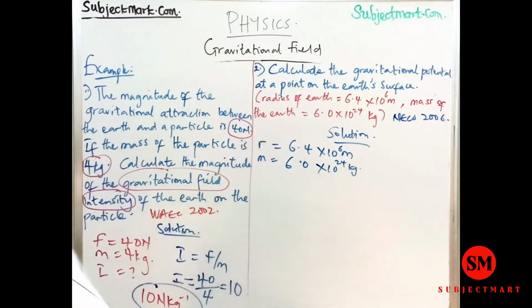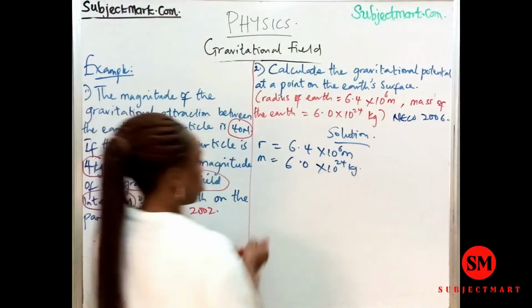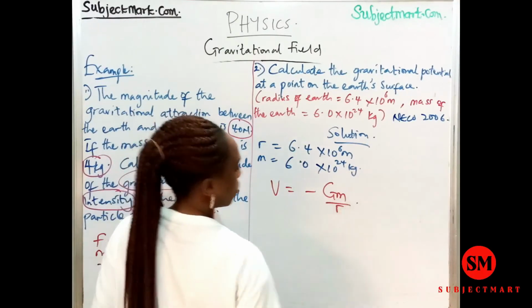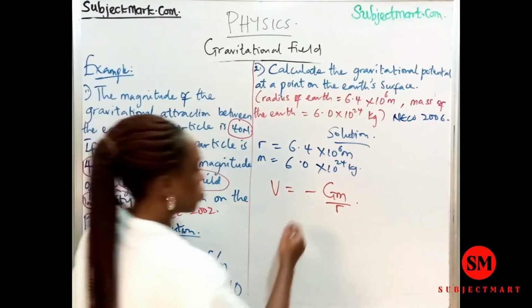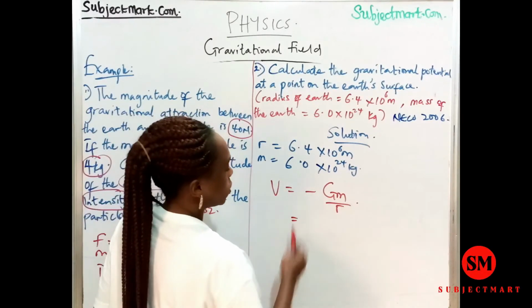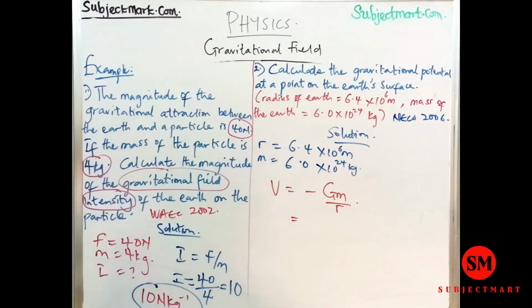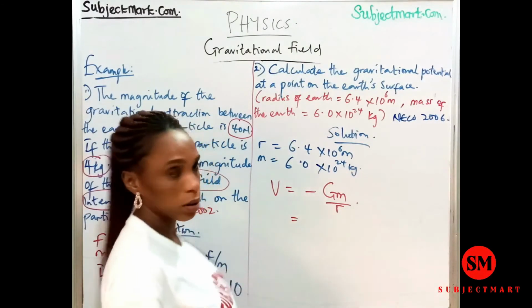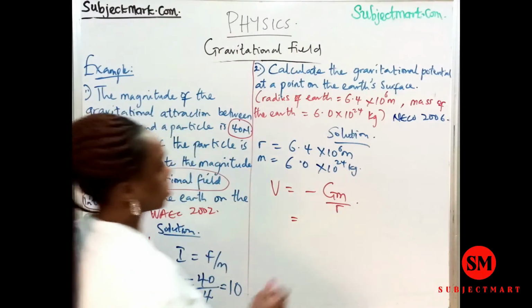So we are asked to calculate the gravitational potential. You recall that our gravitational potential is minus GM over R. This minus indicates that there is a decrease, so we are just going to ignore it while we are doing our calculations.